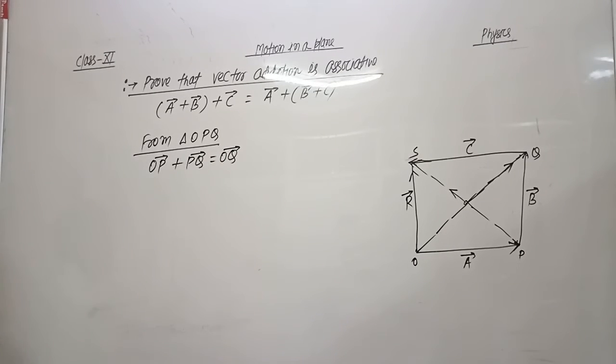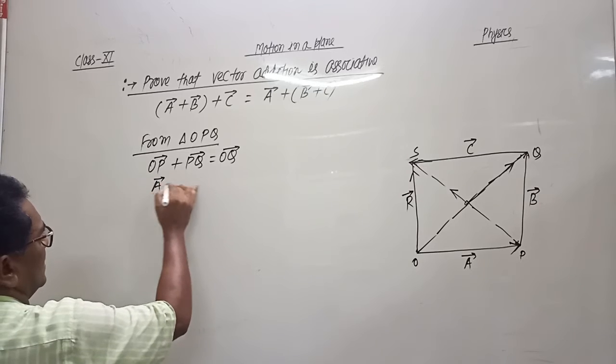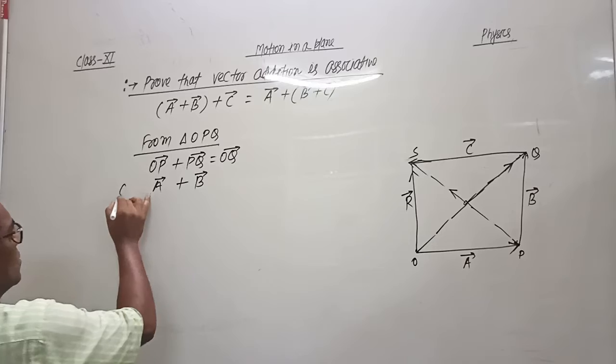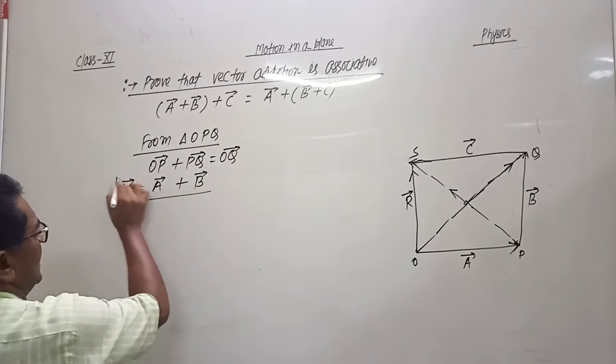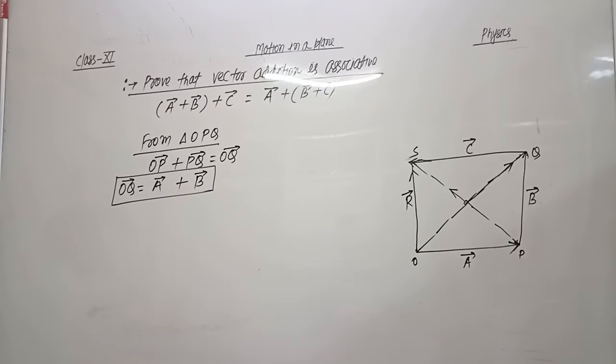OP vector is A and PQ vector is B. So OQ vector is written as vector A plus vector B.